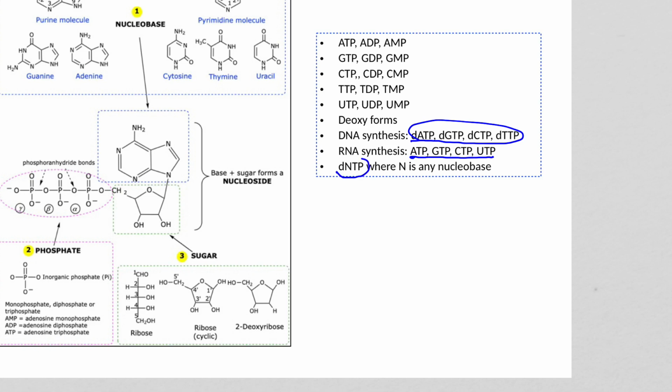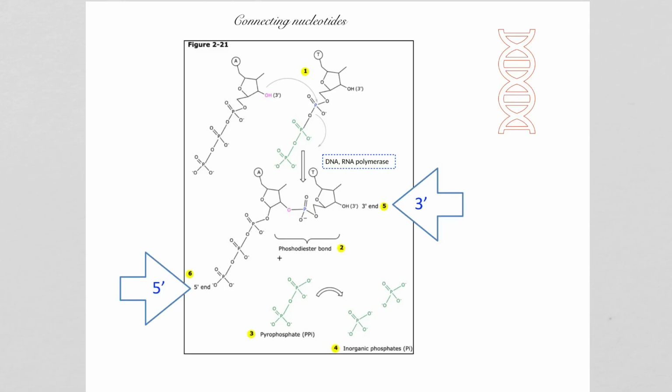Now, it's good to know that many times we use this abbreviation dNTP. In this case, N is any nucleobase, deoxy-NTP. Or similarly, you can have NTP for the ribose form. So whenever we talk about monomers, such as carbohydrates, we said monosaccharides are monomers for carbohydrates.